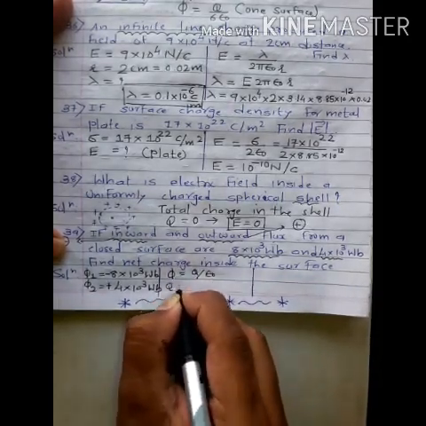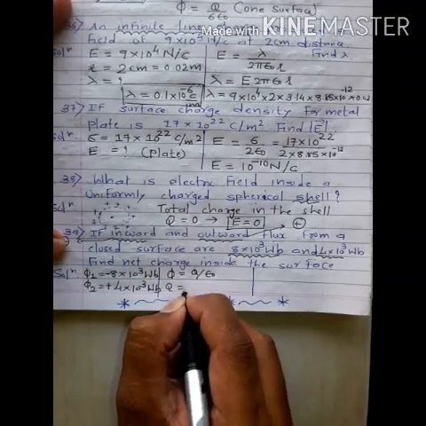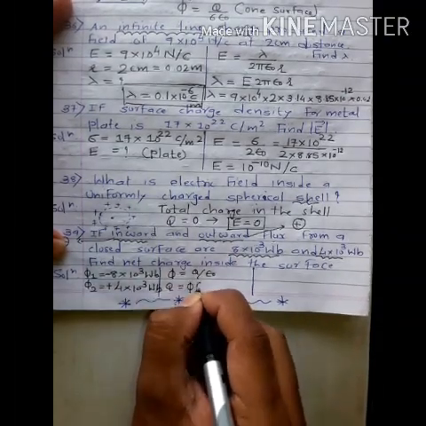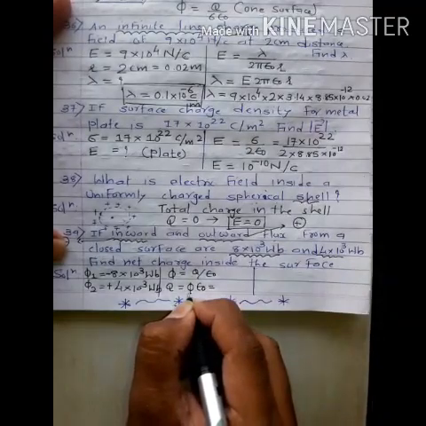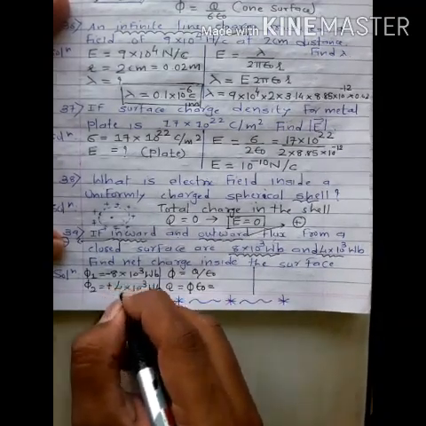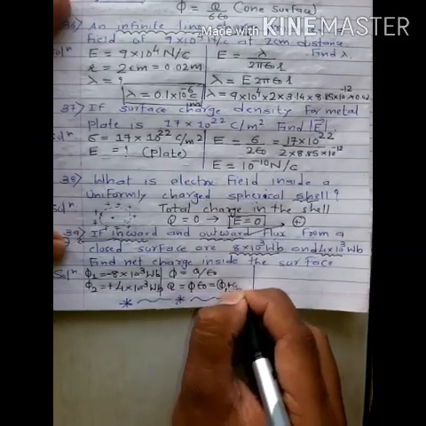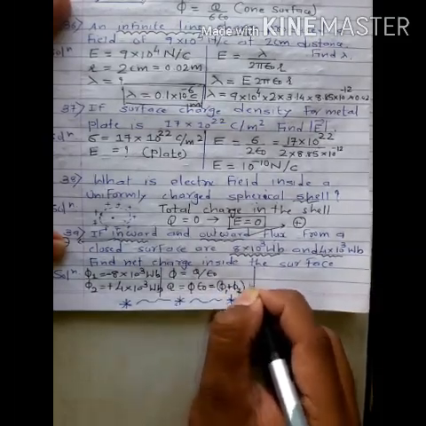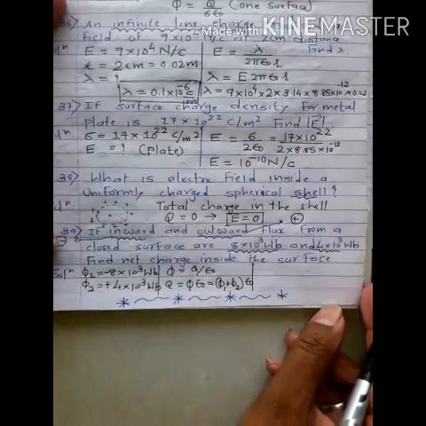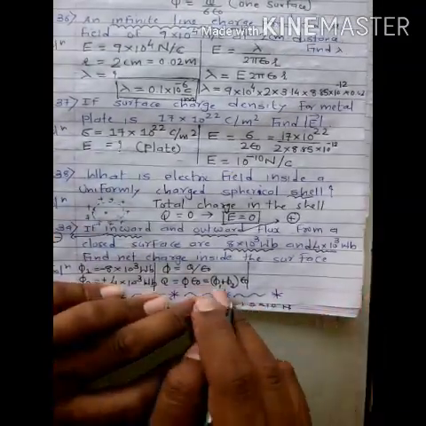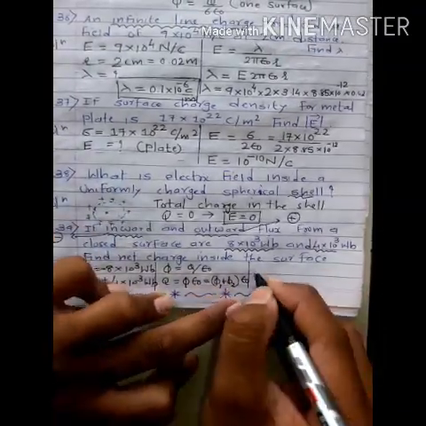We want Q, so make equation of Q. So Q is equals to phi into epsilon 0. Phi means total flux. We have phi1 and phi2. So we consider sum of these two values. So phi1 plus phi2 into epsilon 0. Now substitute value of only phi1 and phi2.